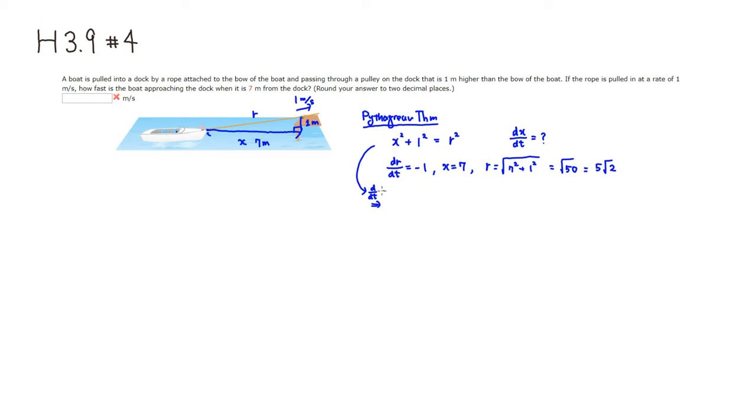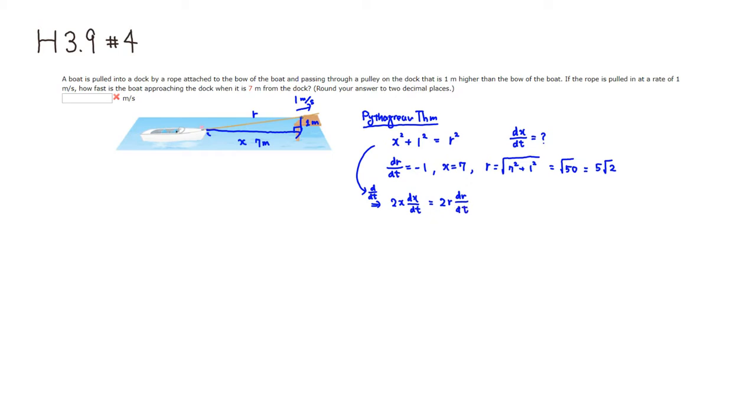The derivative of x squared is 2x times dx over dt. The derivative of 1 is 0, so I'm not going to write anything down. And the derivative of r squared is 2r times dr over dt.